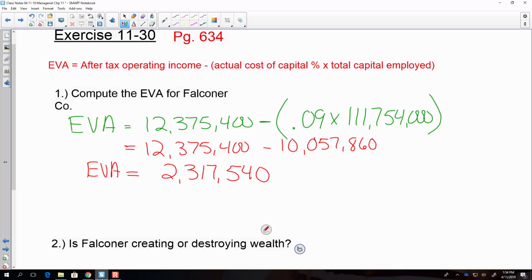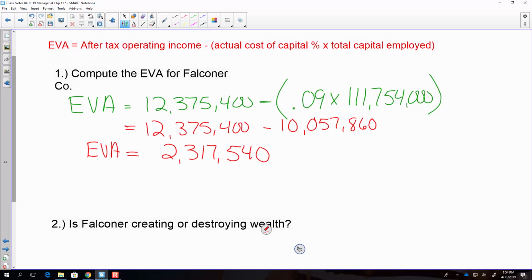Now here again, it's a positive number, so they've earned more than their cost to finance those assets. In this case, the larger the positive number, the better. You've made more money on those assets, right?